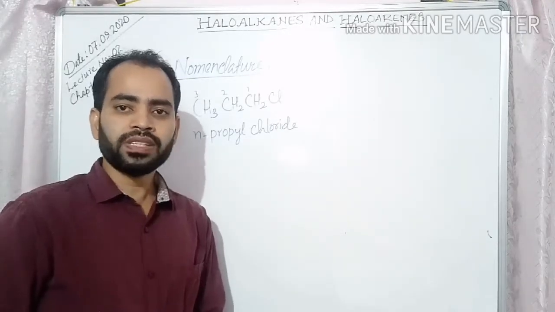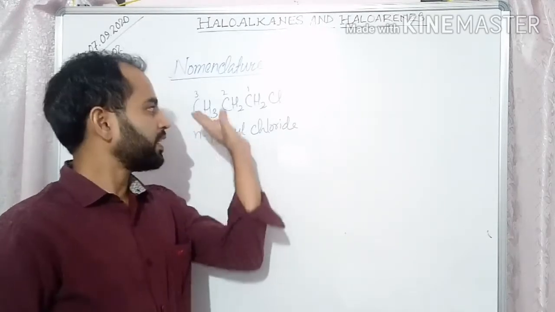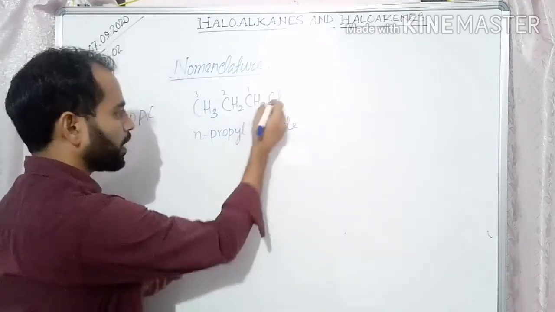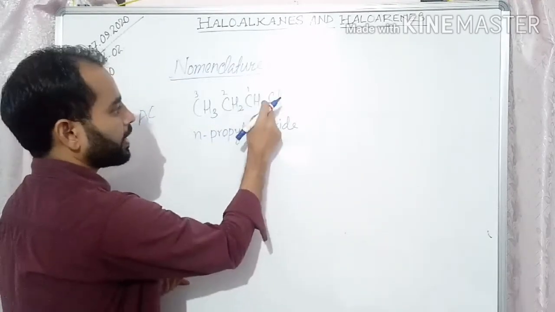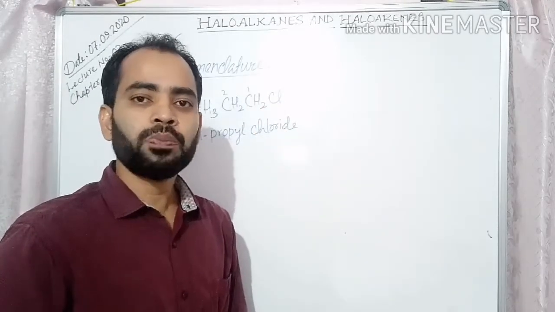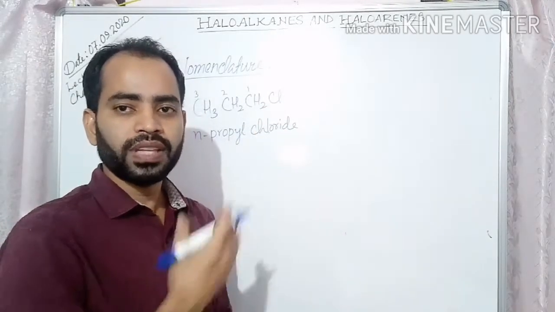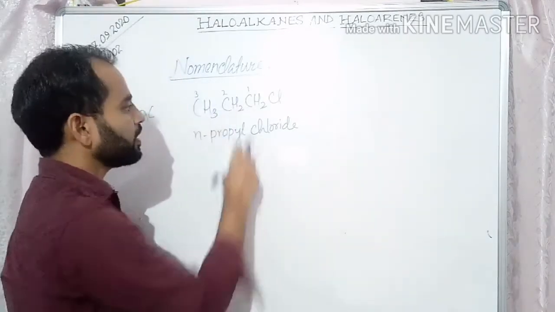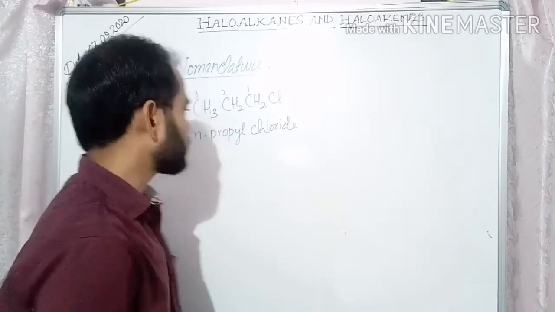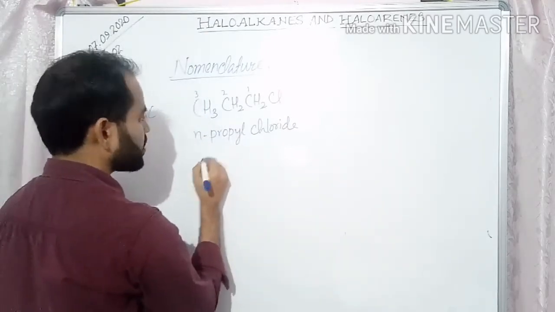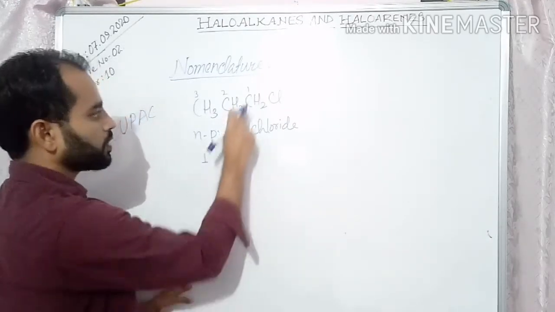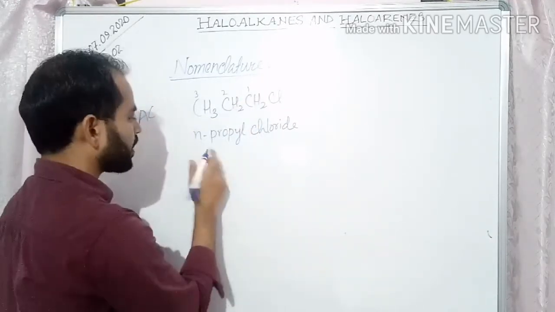Now in IUPAC naming, first we have to identify the longest chain, then we have to number it, and then we have to name it. In IUPAC naming, the halogen comes as a prefix, that is before the name, and the main chain, since it is an alkane, will be the suffix. First we write the position of the halogen. It is on the first carbon, so we write 1.